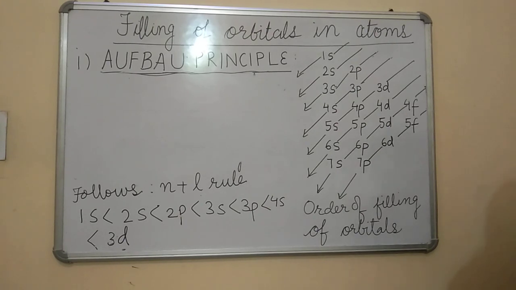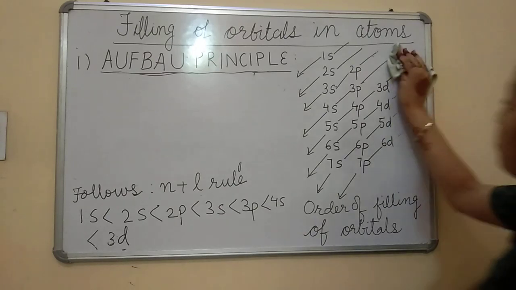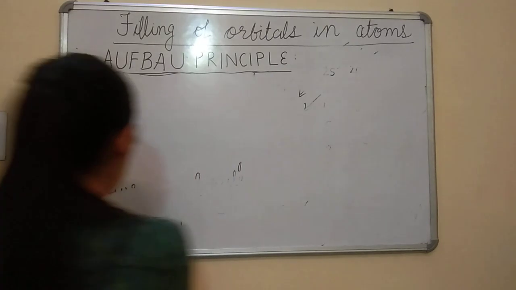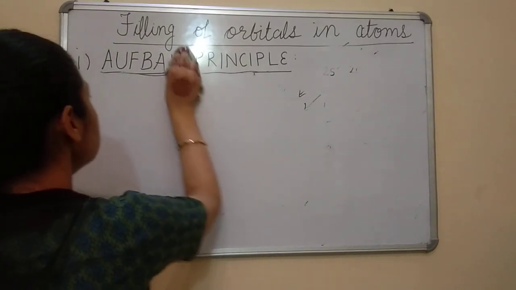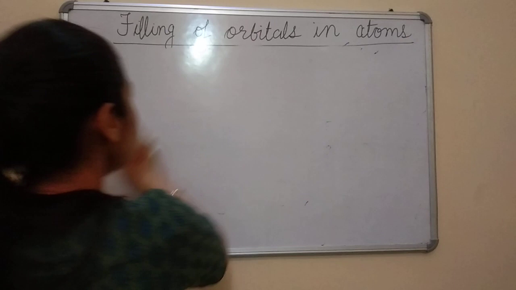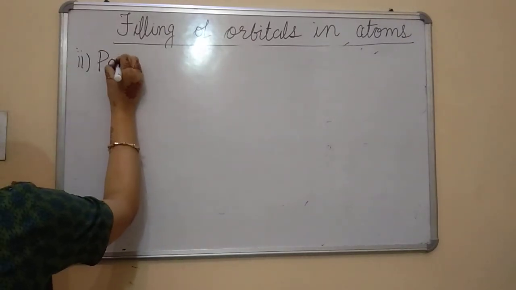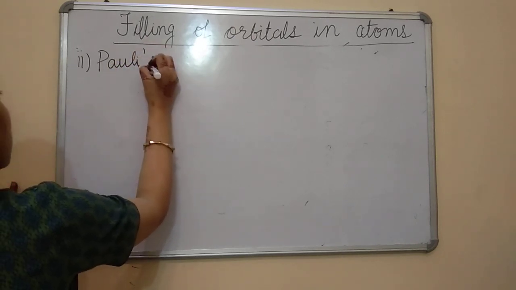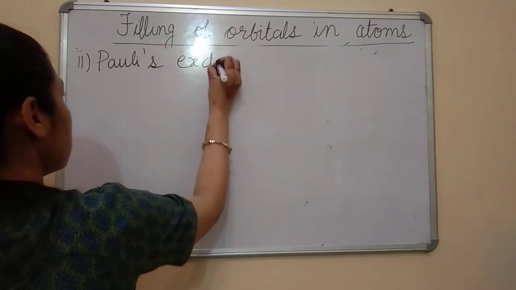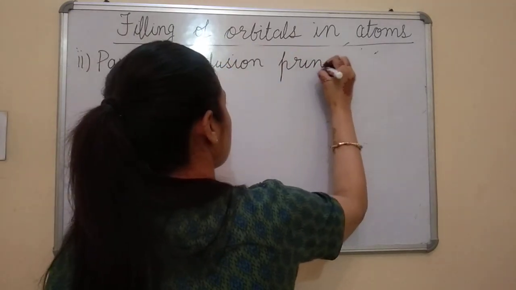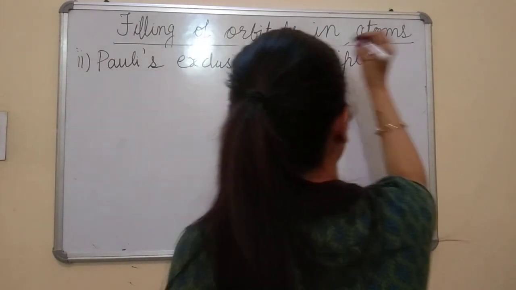Now next one, children, we will be continuing with the second principle. We will be continuing with the second principle, and the second principle is the Pauli's exclusion principle.